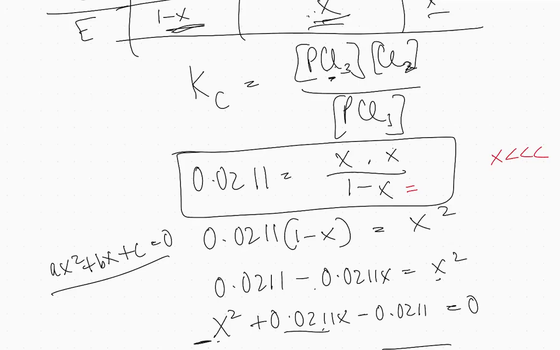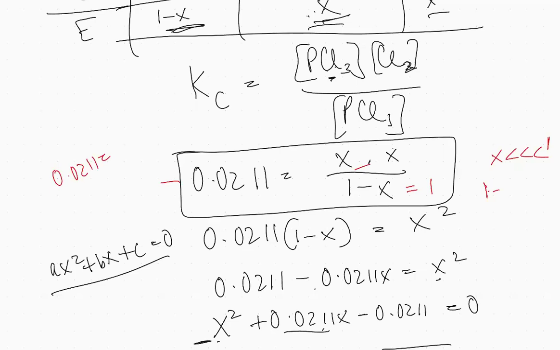The amount that gets dissociated is so small, we can just assume it as the original concentration. So then the situation becomes easy. You can just say 0.0211 equals x squared, right? Because this side is 1. Then you can just find x by getting the square root of this side.